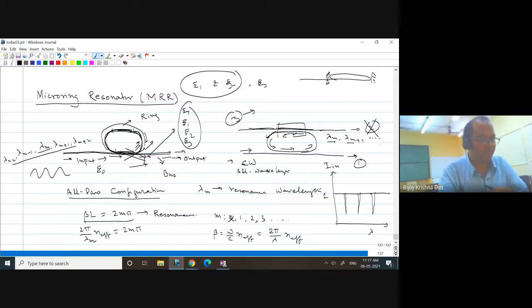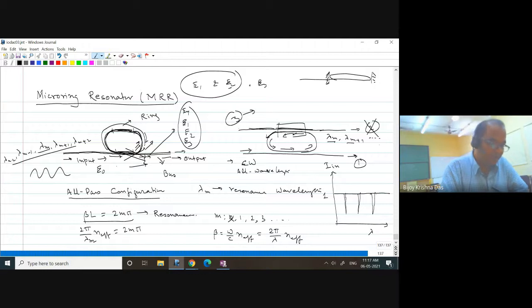And E3 again comes back, because E1 is the majority part. After one round trip, E2 is much, much lower, E3 even lower, E4 even lower. Each round trip they are contributing lower. So all this coming together, at resonance condition the output is a destructive interference.